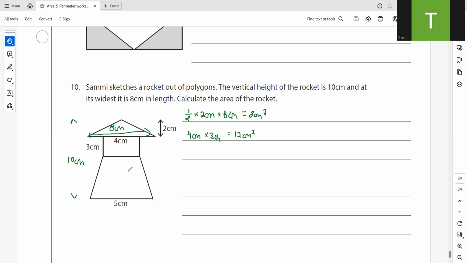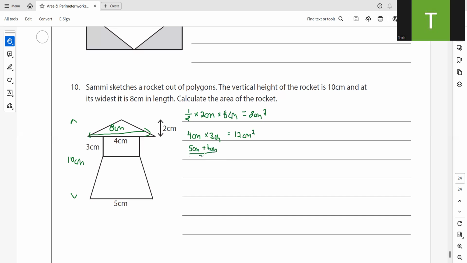Next, we'll calculate the trapezium. The formula of the trapezium is (A plus B) divided by 2, and then times the height. So firstly, we will need to know what A plus B is. A is the base, which is actually 5 cm, and B is the upper length, which is the same as the width of the rectangle, which is 4 cm.